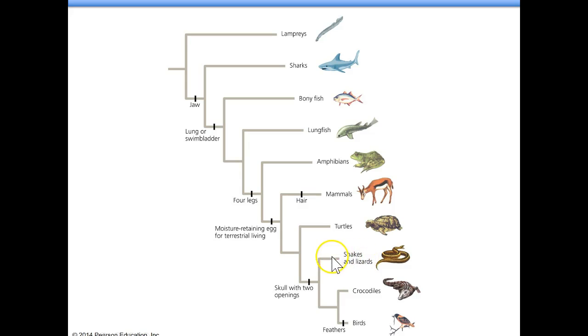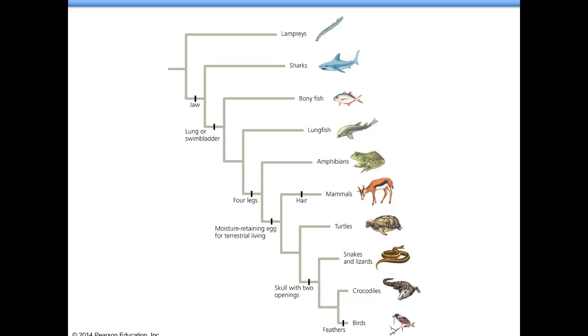We can see that snakes and lizards and crocodiles might have a relationship, but the feathers are a barrier that we're not too sure about. There's even the possibility that turtles could have come in here, and we take a look at their skulls and the similarities in their skulls.